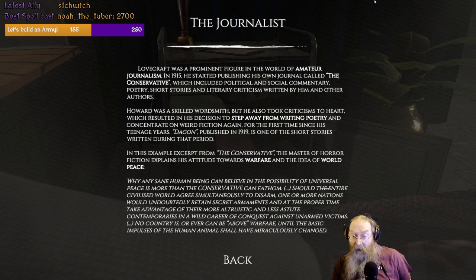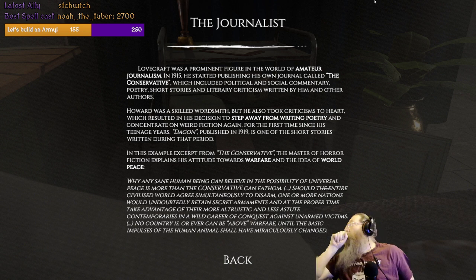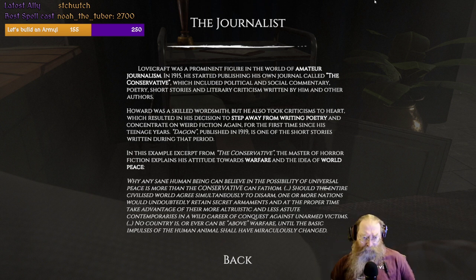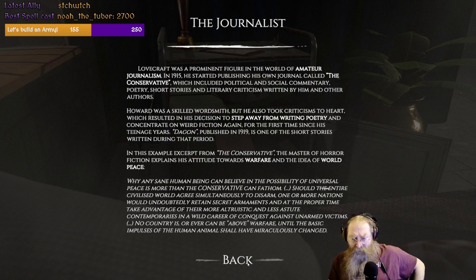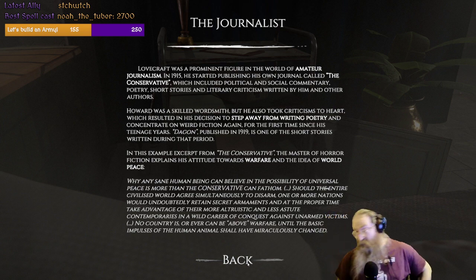Should the entire civilized world agree simultaneously to disarm, one or more nations would undoubtedly retain secret armaments and at the proper time take advantage of their more altruistic and less astute contemporaries in a wild career of conquest against unarmed victims. No country is or ever can be above warfare until the basic impulses of the human animal shall have miraculously changed.